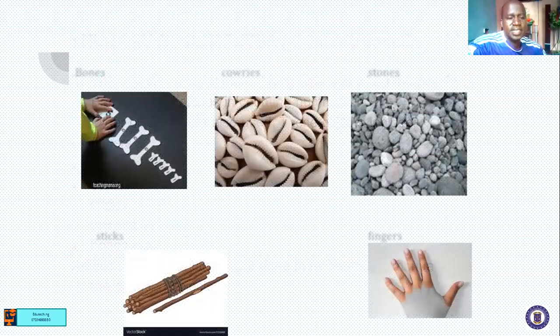So these are the pictures of some of these items that I have just mentioned. You can see them. The first picture is showing the bones. You can see the hands of a child there counting bones, doing arithmetic with bones. These big ones, each one is 10.